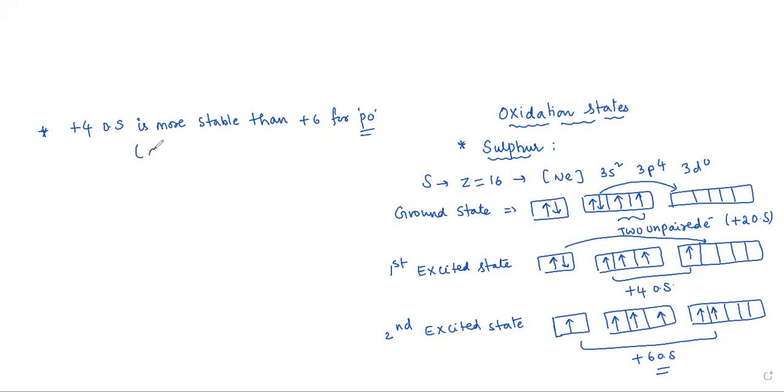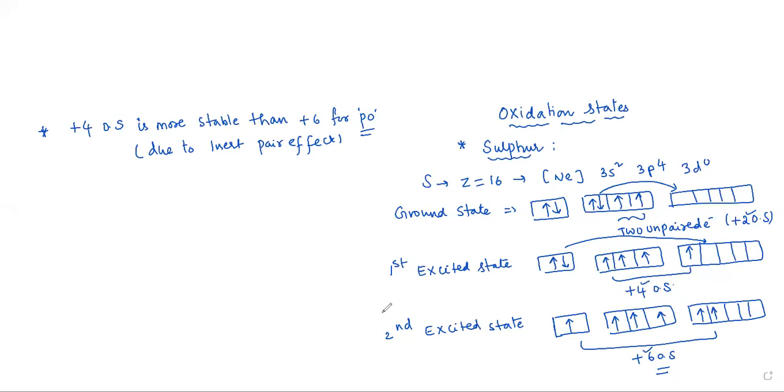It is because of inert pair effect. But here, if you observe it in case of sulfur, it can exhibit +2 as well as +4 and +6. All these 3 oxidation states are possible along with the common oxidation state of -2 also.